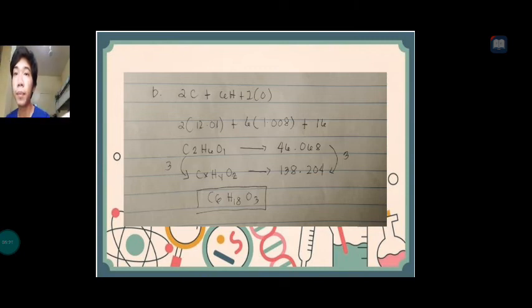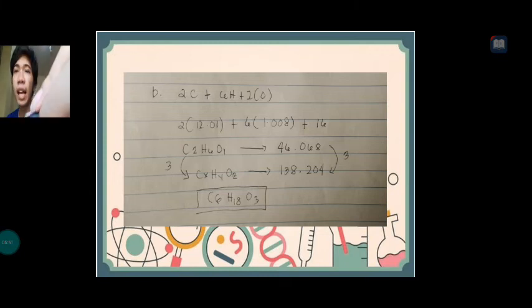So simplify. So the empirical formula mass of C2H6O1 is 46.068. So what we need to find is the molecular formula.